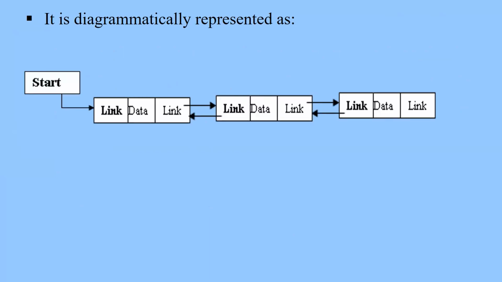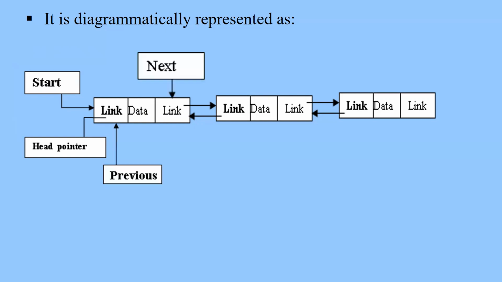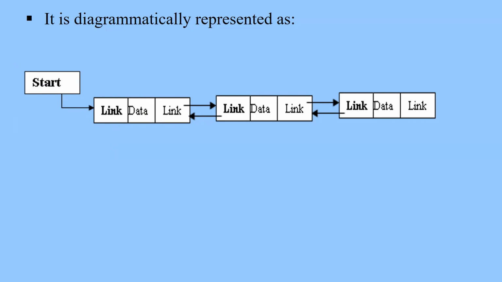So we have our start node there, followed by the head pointer. And then we have previous, then we have next. This portion of memory contains an address, which we call the head pointer.